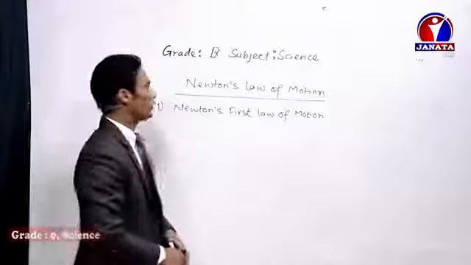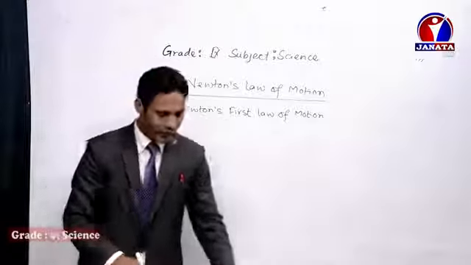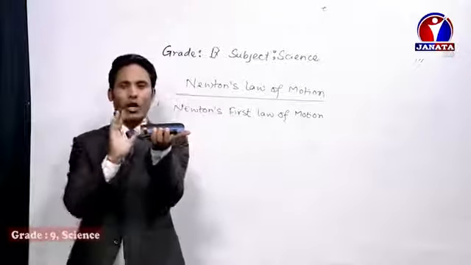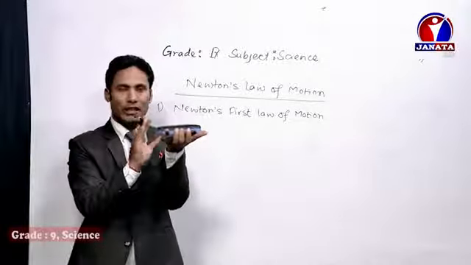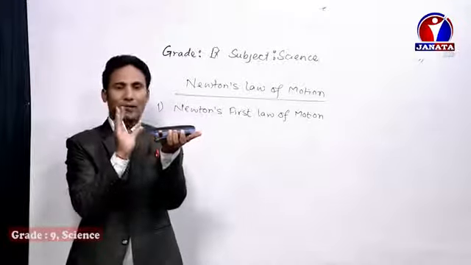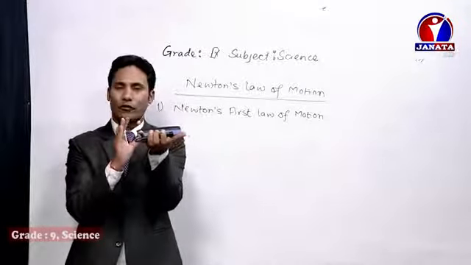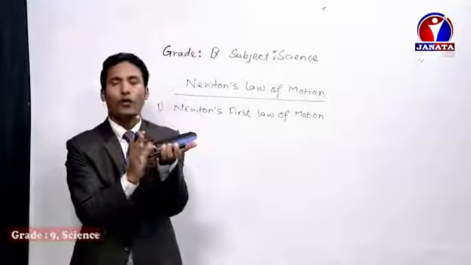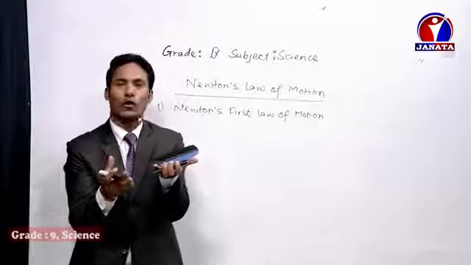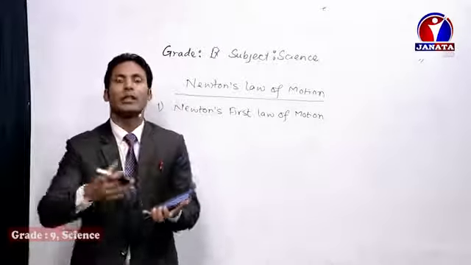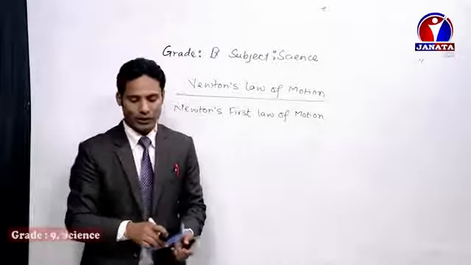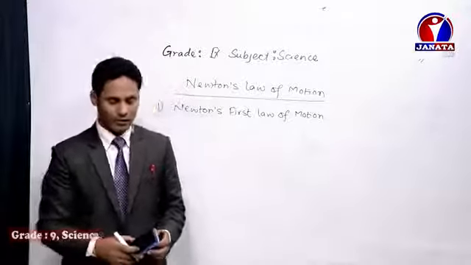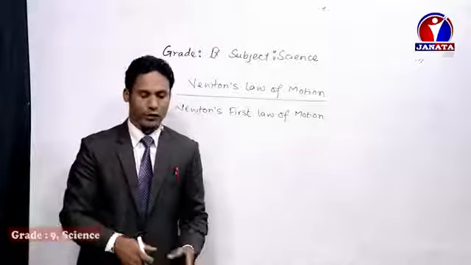What that means is, suppose I have an object here in my hand, and this object is initially at rest, right? When I apply an unbalanced force on it, then it comes into motion. That means when an unbalanced force acts on the object, it changes the state of the object from rest to motion, and from motion to rest. That is known as Newton's first law of motion.